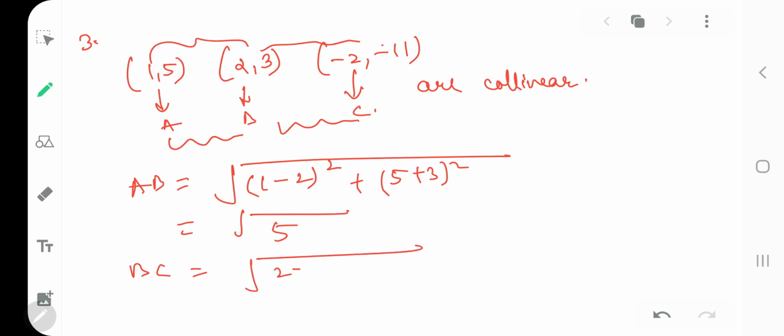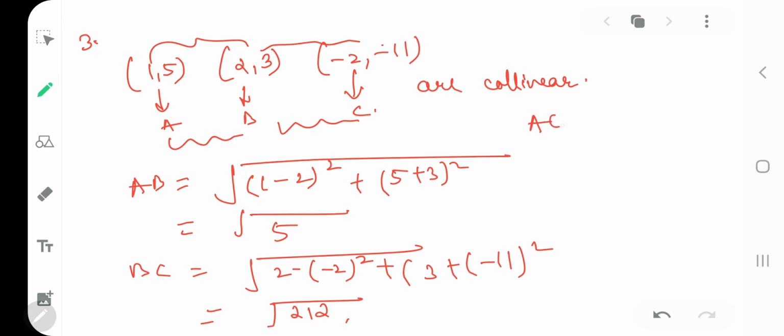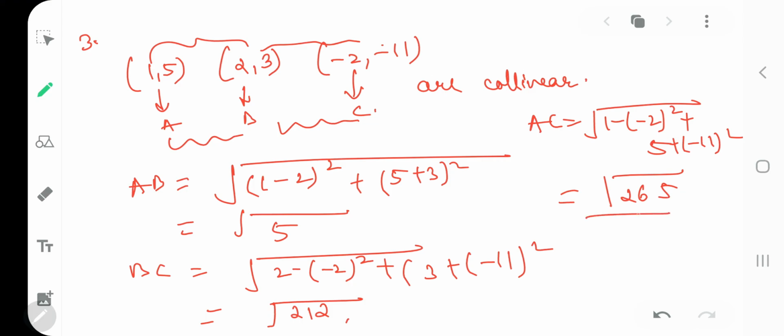BC is 2 minus minus 2 the whole square plus 3 plus minus 11 the whole square. When you solve this, you will get under root 212. Now let's go for AC. To find AC you will go for 1 minus minus 2 the whole square plus 5 plus minus 11 the whole square. Once you solve this, you will get under root 265.